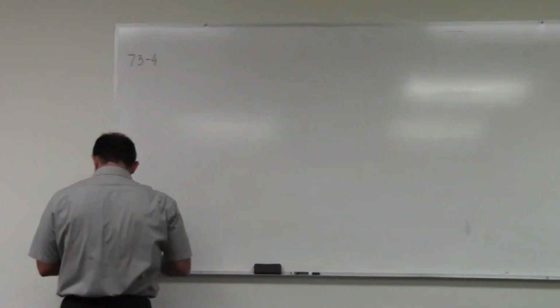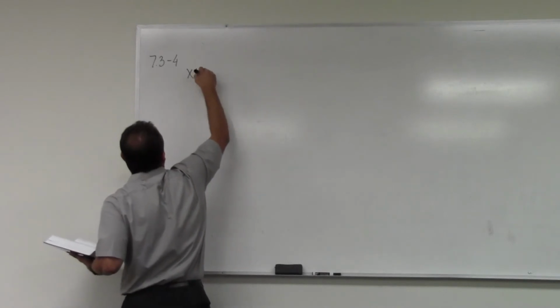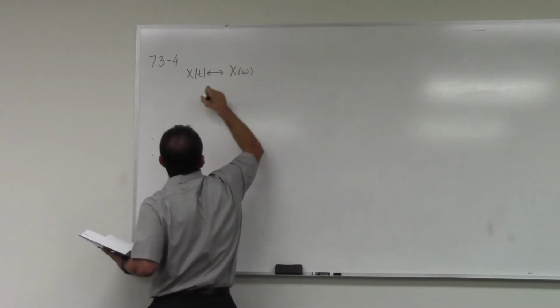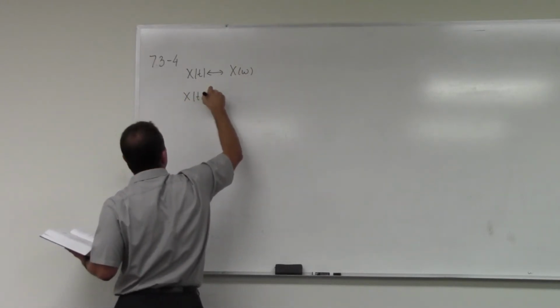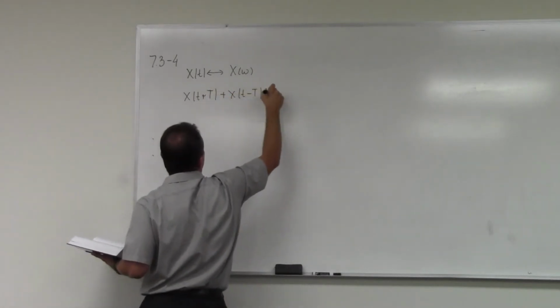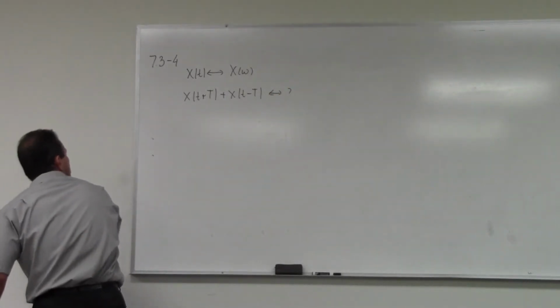Use the time shifting property to show that if x of t has a Fourier transform x of omega, what is the Fourier transform of x of t plus capital T plus x of t minus capital T? Well, this one is very easy.